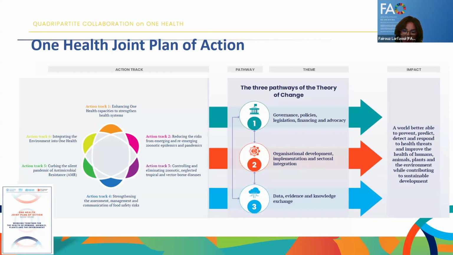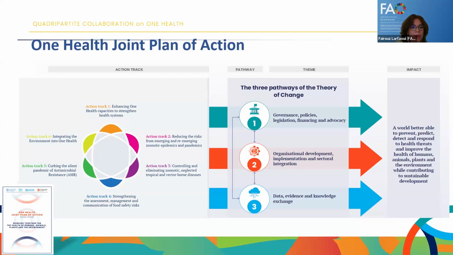And important, the interconnectedness between all these action tracks, which are, as you can see, the first one is really to enhance One Health capacities to strengthen health systems. The second one is on reducing the risk of emerging and re-emerging zoonotic epidemics and pandemics.